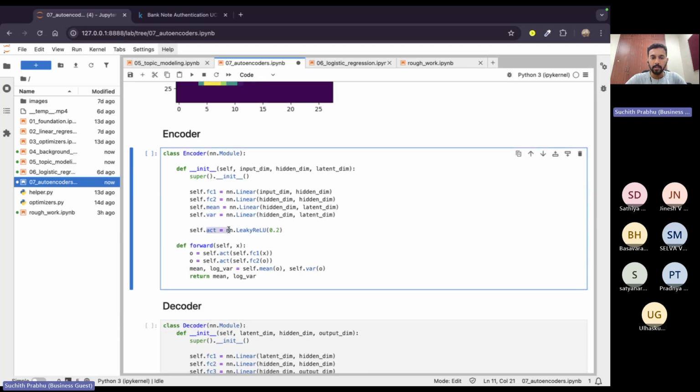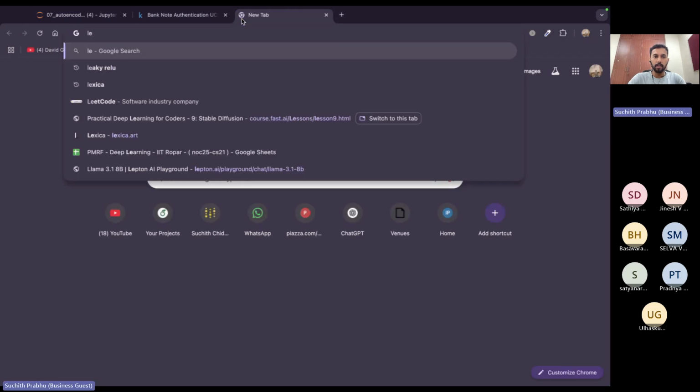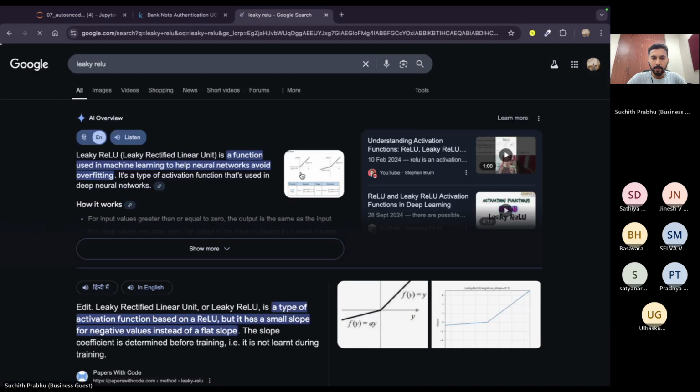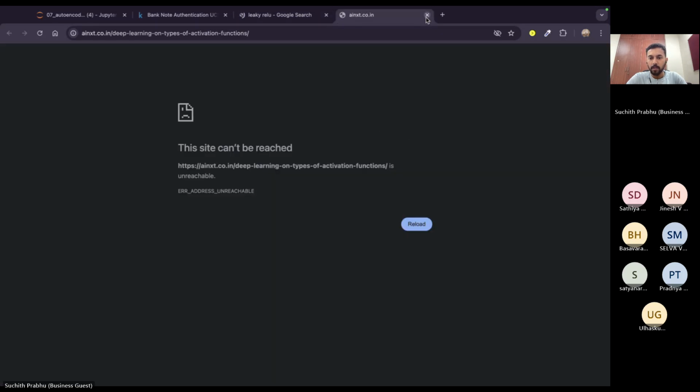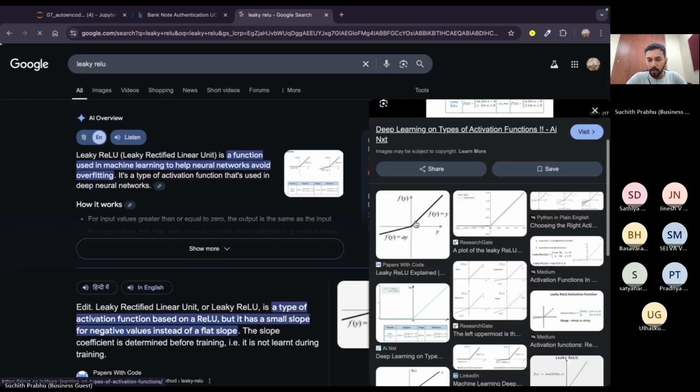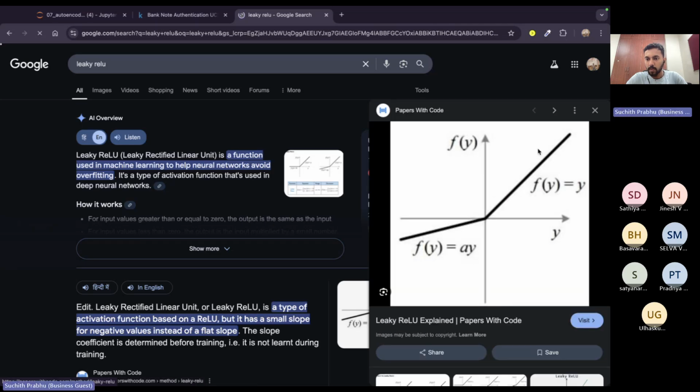And this is the activation function that we are using. It's a Leaky ReLU. Let's see what Leaky ReLU looks like. In normal ReLU, negative values are thresholded, right?